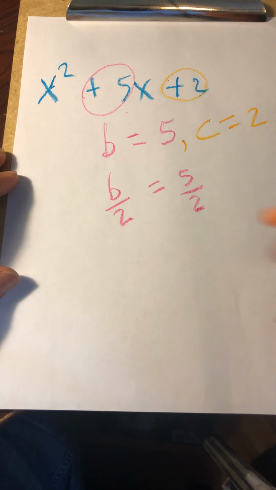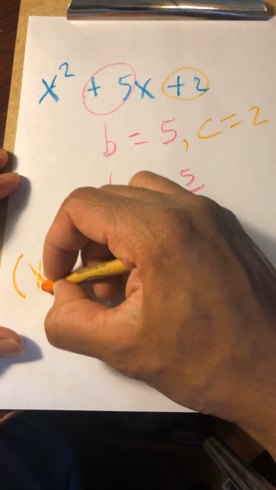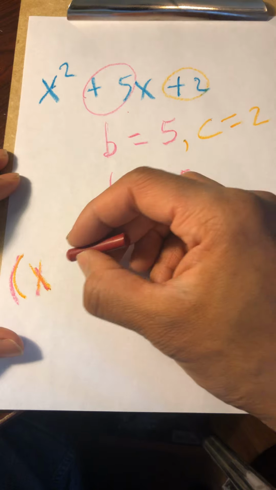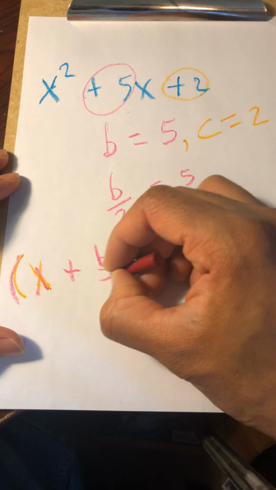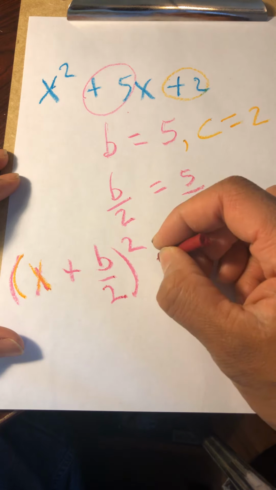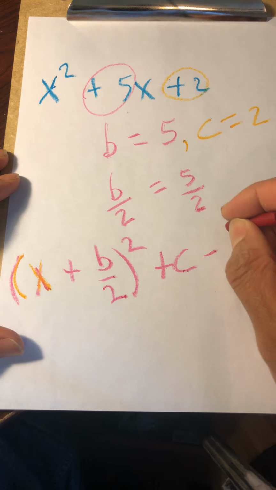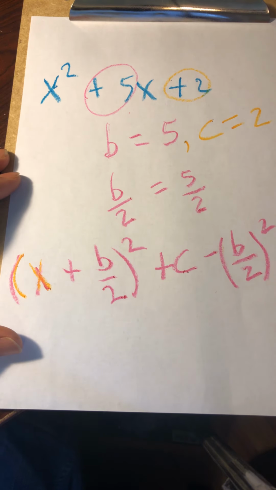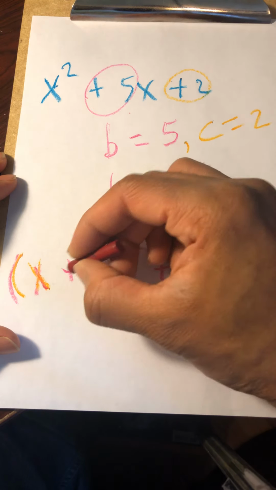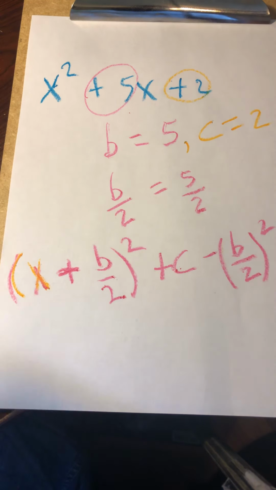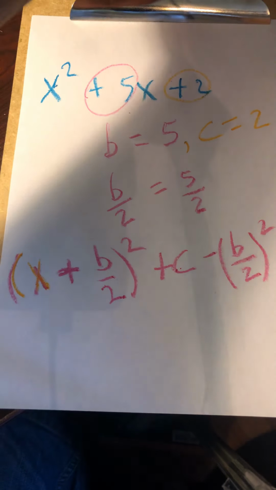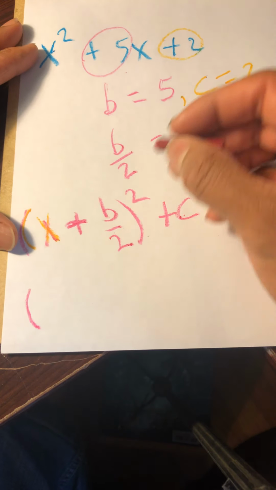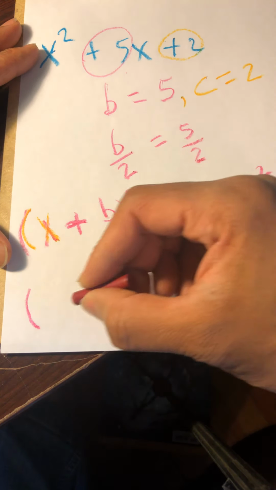So we're going to apply this. What we're trying to get is something of the form (x plus b over 2) squared plus c minus (b over 2) squared. Okay, so that's what we're trying to get. Now we have everything that we need, because b over 2 is 5 over 2.